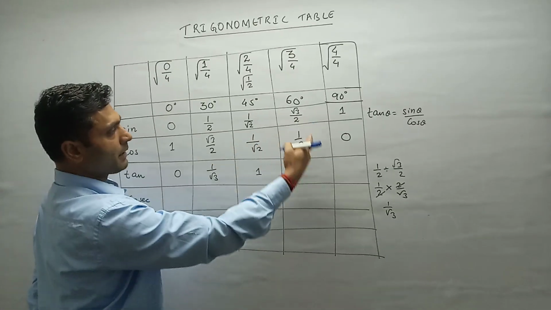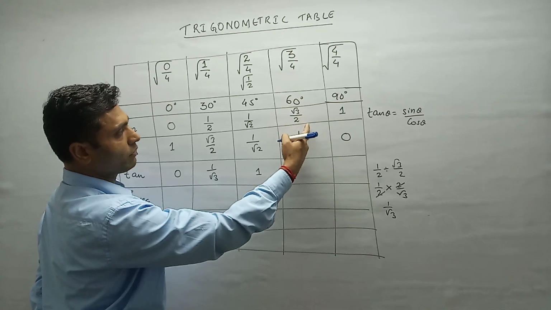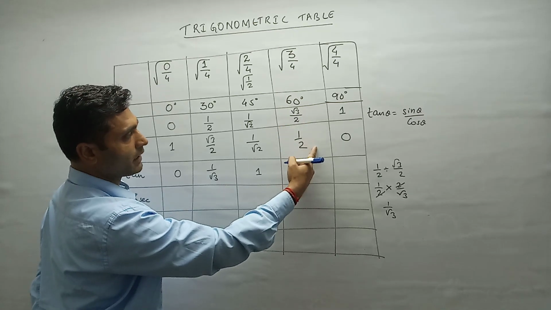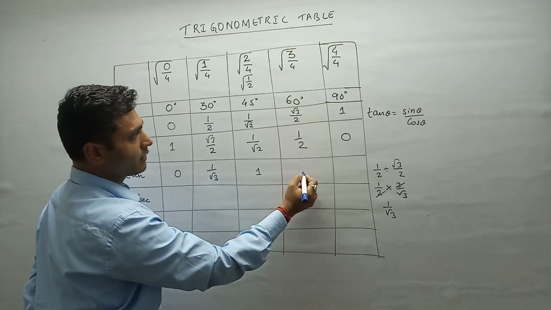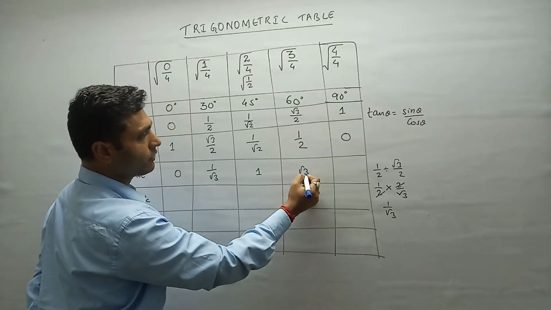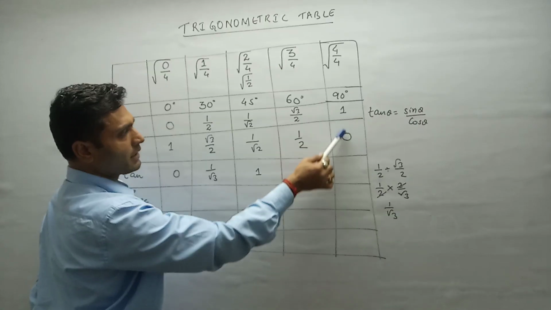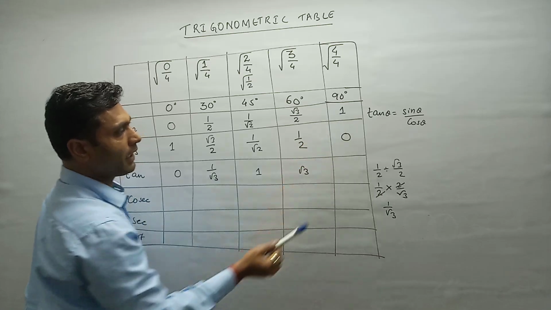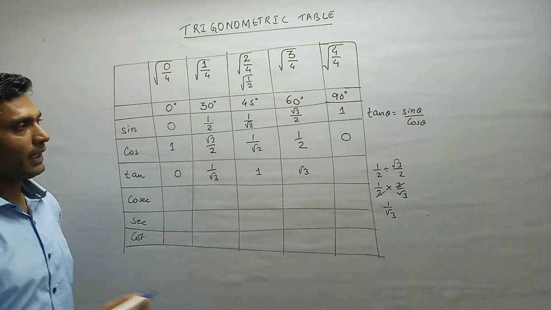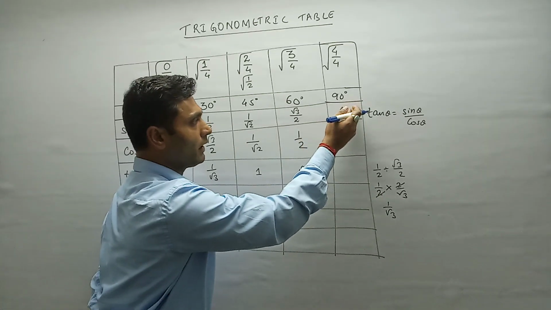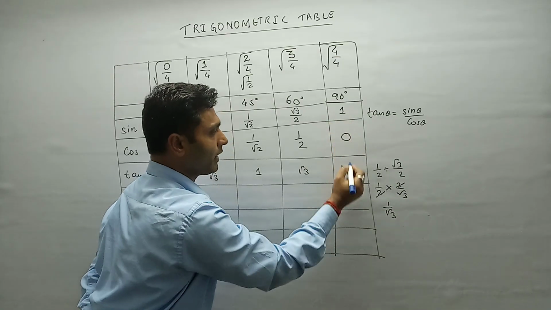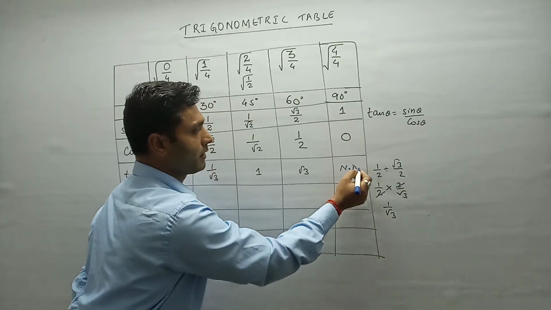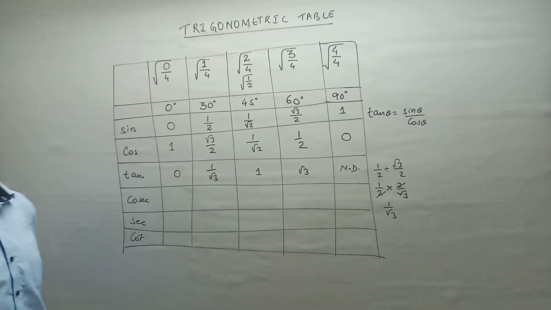If I follow the same pattern here, root 3 by 2 divided by 1 by 2, this 2 and 2 will divide. So what is left? Root over 3. And lastly we have 1 divided by 0. We cannot divide 1 into 0 parts. So 1 divided by 0 is not defined. Obviously it's infinity.